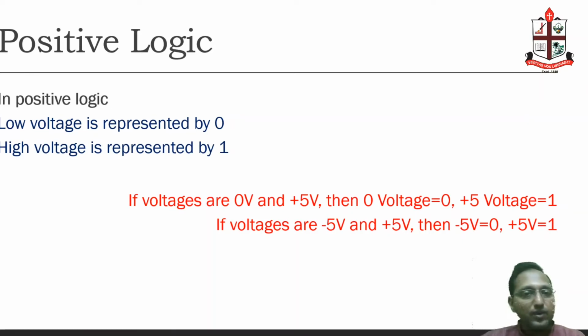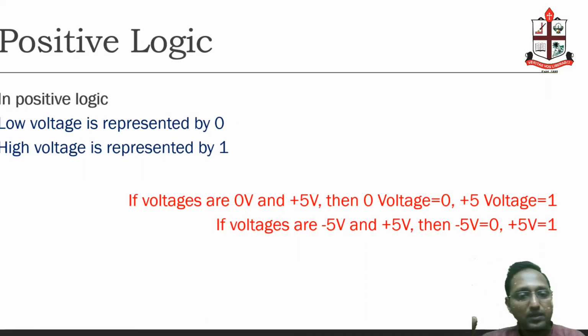Now coming back to our discussion on positive and negative logic. Think of what happened in the transistor, where bits were represented with the help of electricity. In the case of positive logic, a low voltage is represented by logic bit 0, and a high voltage is represented by logic bit 1.